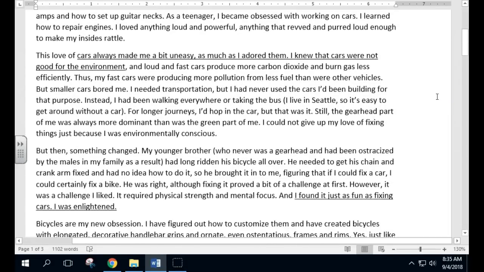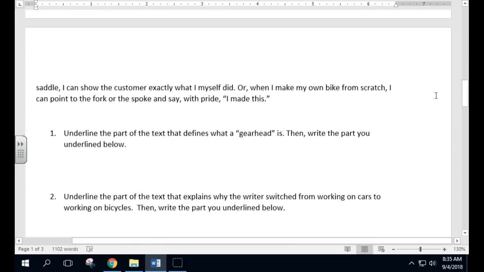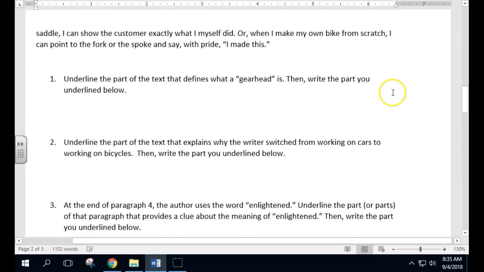All right, so you were supposed to read the text, and then you were going to do some annotation, and you had specific instructions for your annotation. Anytime you have questions to answer, it's a great idea to use those questions to guide your annotation. Annotation shouldn't be something that you're just doing to mark things blindly.